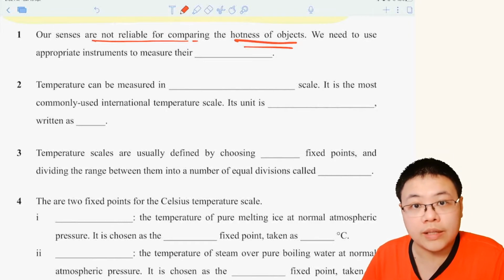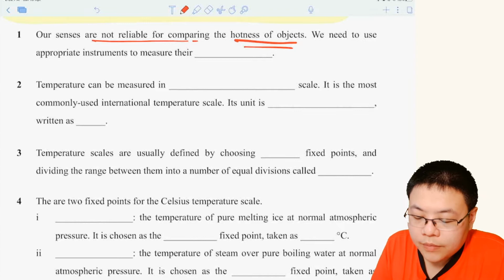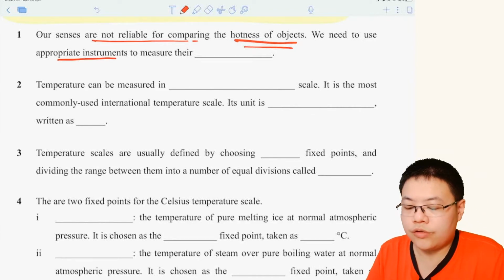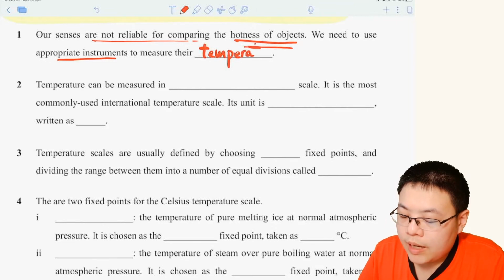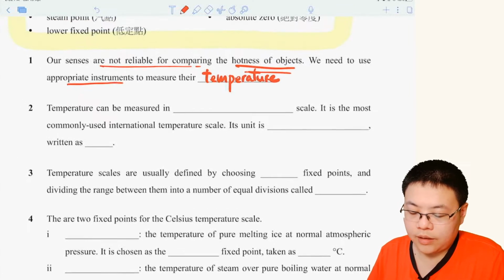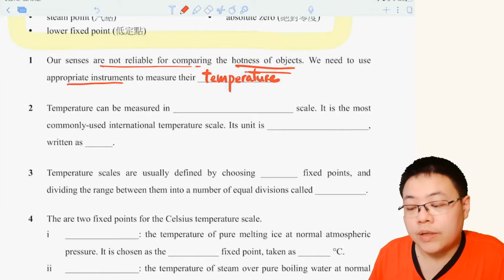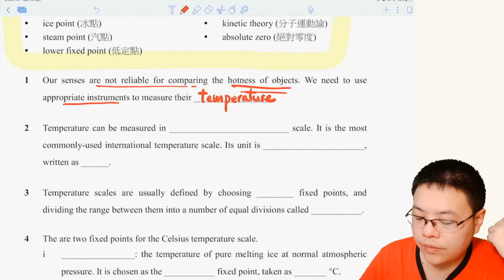This is not reliable. Then what is reliable and scientific? The appropriate instrument to measure temperature. Okay, temperature is the scientific quantity that we are after. And what is the scale we just mentioned? It is the Celsius temperature scale.